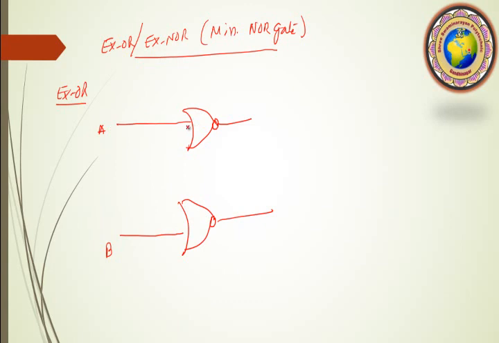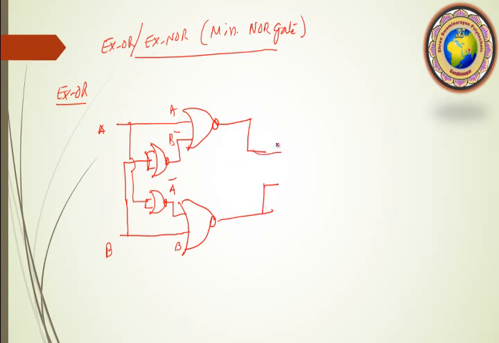I require B in inverted form, so I take it here and invert it. Okay, so here I take B bar. In the same way I require to convert A, so I take here A bar, and here is B, and here is A. Okay, so together I take another NOR form.